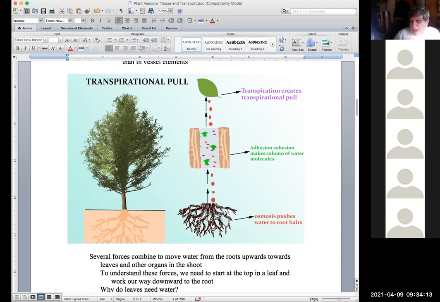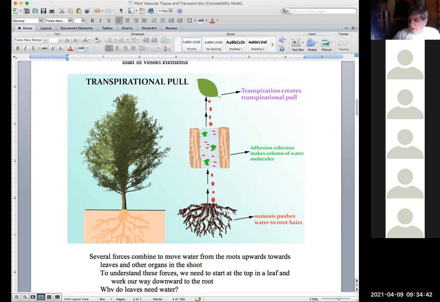Now, what happens down at the bottom in the roots? Well, keep in mind, we're constantly pulling water upward. So if we're constantly pulling water upward, that means if we look at xylem down at the very bottom of the root, xylem at the very bottom of the root doesn't have as much water in it. In other words, think in terms of something called diffusion, the water there is at a low concentration.